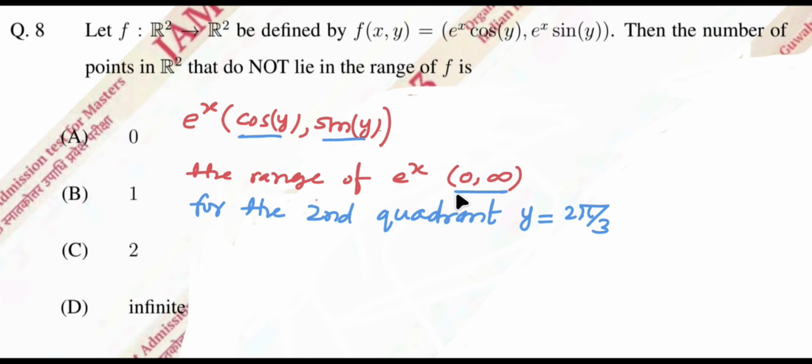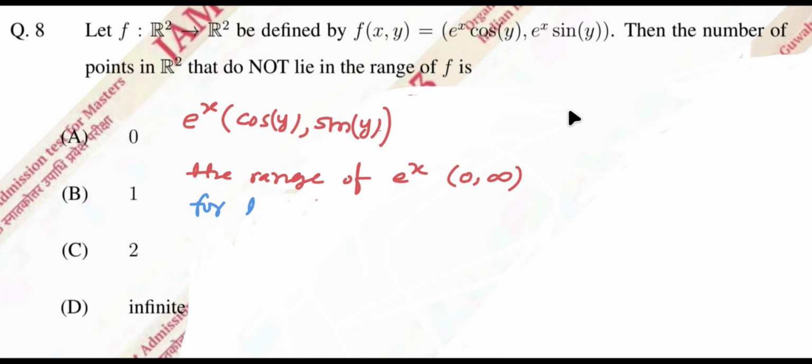This range contains all positive numbers, and when you multiply positive numbers with a negative number, you get all negative numbers, and in the same way you get all positive numbers as the y coordinate. So you are getting all the points strictly inside the second quadrant. In the same way, the third and fourth quadrants follow; you must understand that. Now we go for the points on the axis.